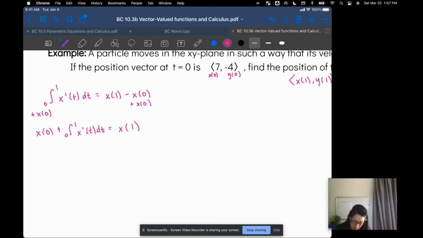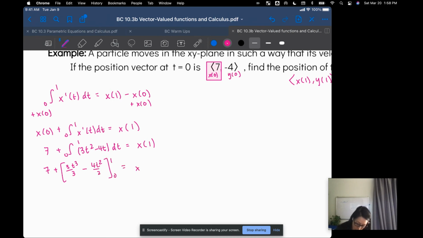So I now have to substitute in the values I know. X of 0 is 7, according to my point, plus the integral from 0 to 1 of 3t squared minus 4t dt will give me my position at time 1. Okay. So I get 7 plus the integral, so 3t cubed over 3 minus 4t squared over 2, evaluated from 0 to 1, equals x of 1.